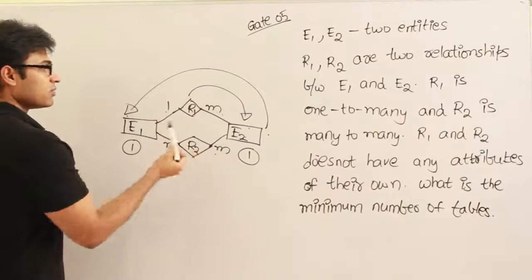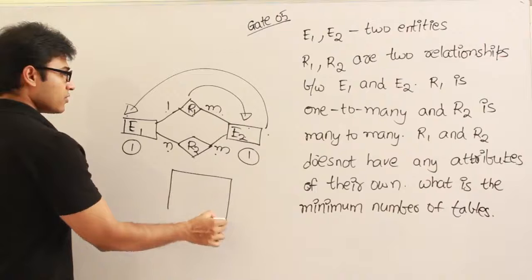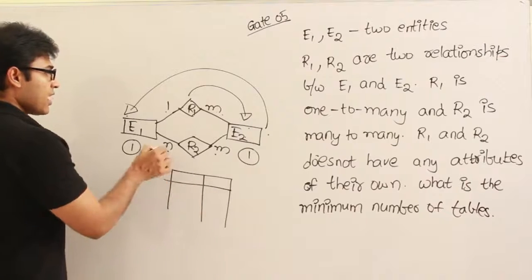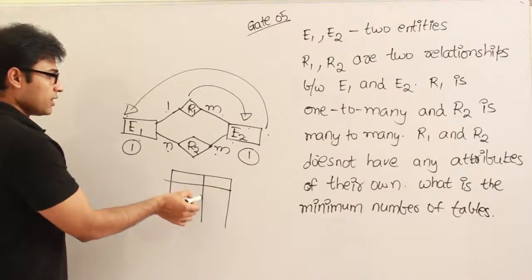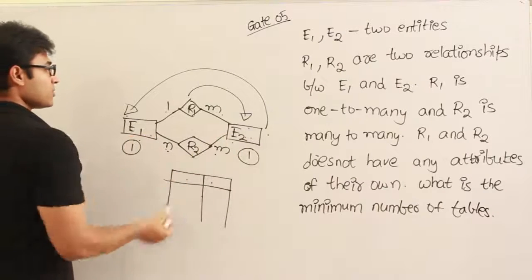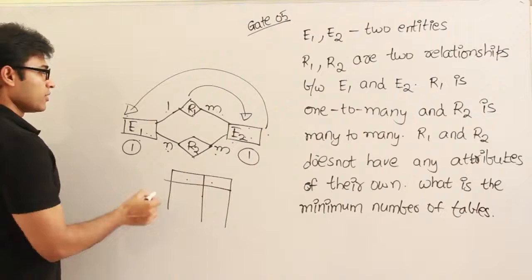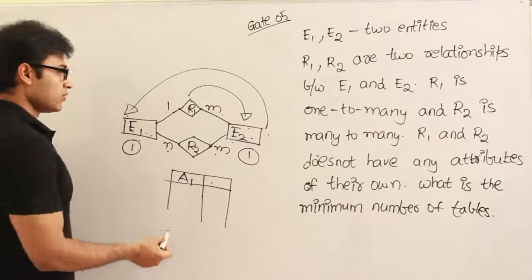And what about the many-to-many? For many-to-many relationships, I told you there is no way to represent this relationship on either side. Therefore, I have to create a new table which contains the key attributes from E1 and E2. Let us say there is only one key attribute from E1, which is A1, and only one key attribute from E2, which is A2.